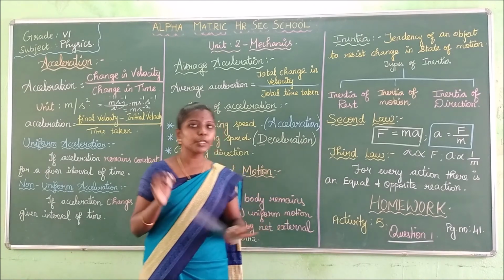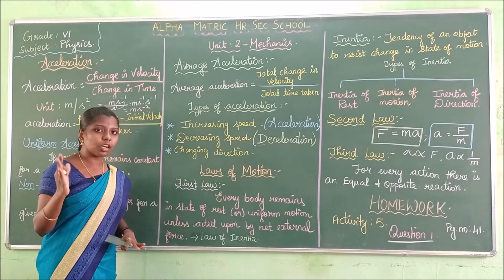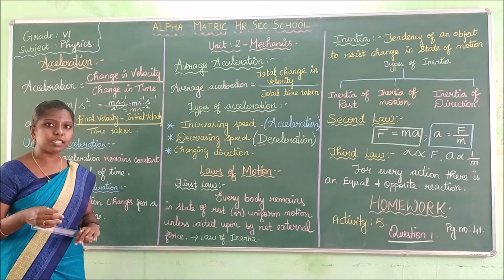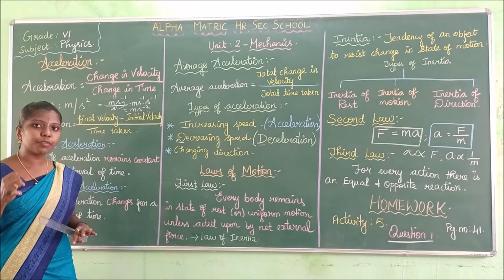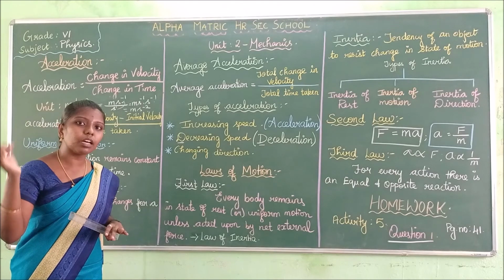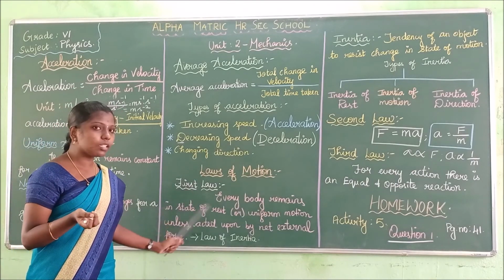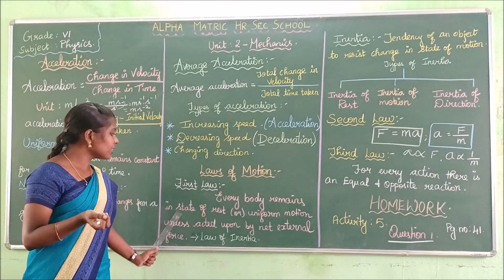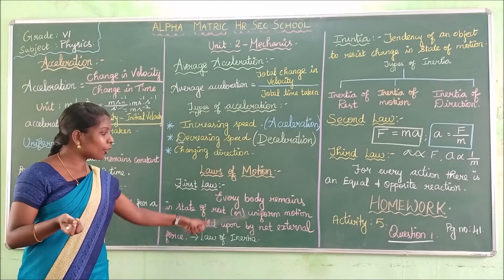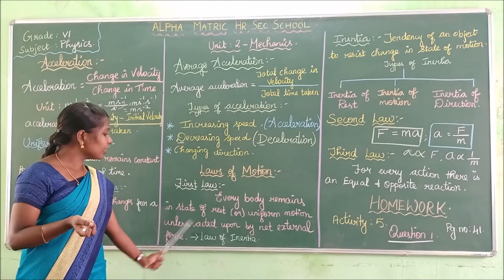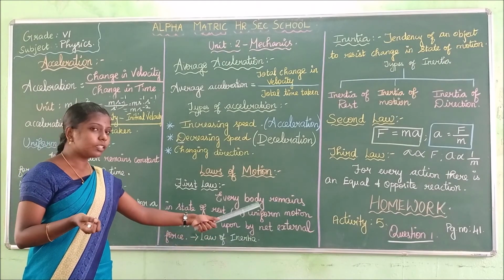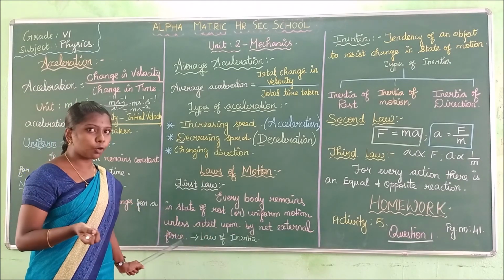Is it clear? Newton formulated three laws and the laws are named after his name, namely Newton's first law, Newton's second law and Newton's third law. Newton's first law is every body remains in state of rest or uniform motion unless acted upon by a net external force.